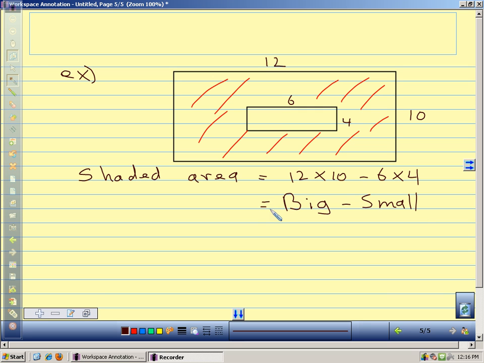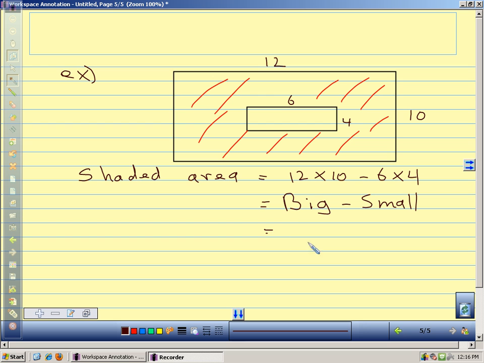If on your test you wrote that the shaded area is big minus small, I would give you some partial credit for that, because you understood what we were doing with the problem. You just maybe didn't necessarily know how to find the area of a particular shape.